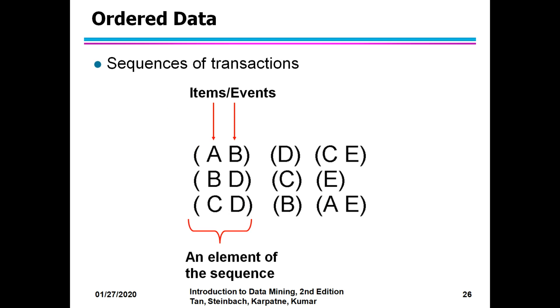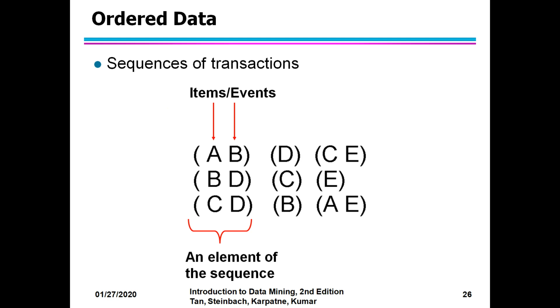Now, coming to ordered data. What is the difference between data and ordered data? Ordered data is where everything is ordered. A sequence of transactions is called ordered data. So A, B, and C are the items, and B, D, D are the events.